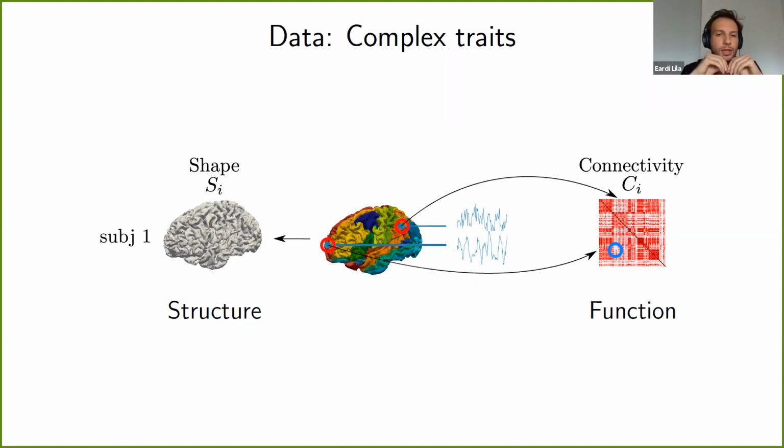And the way we construct an object, and this is very typical in the field, the way people look at connectivity in the brain is that they pick 2 points on the brain. So suppose this point here and this other point here. Then you can, of course, extract one time series for each of these 2 points. Now, if you want to understand how well together those points are working, as opposed to working independently or uncorrelatedly, then you can compute the correlation between these 2 time series, okay?